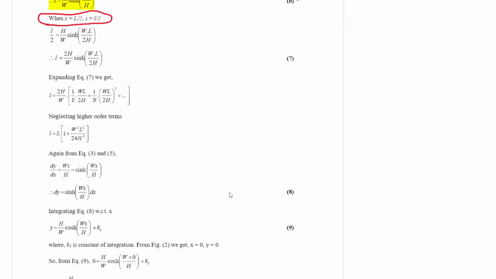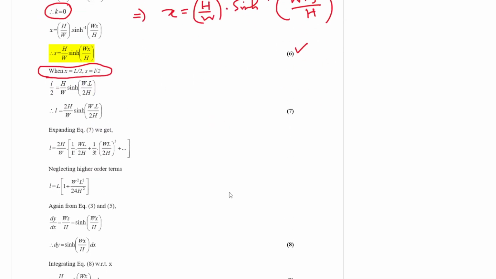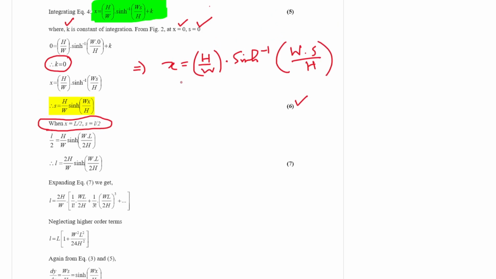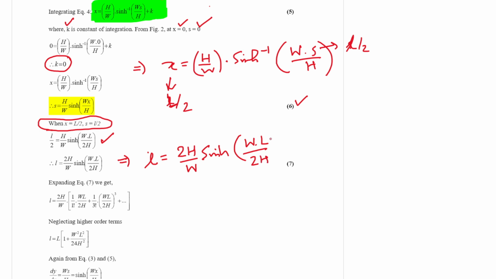We shall substitute that in this equation, and from there we shall get small l is equal to 2h by w sine hyperbolic of wL by 2h. This is equation number 7.